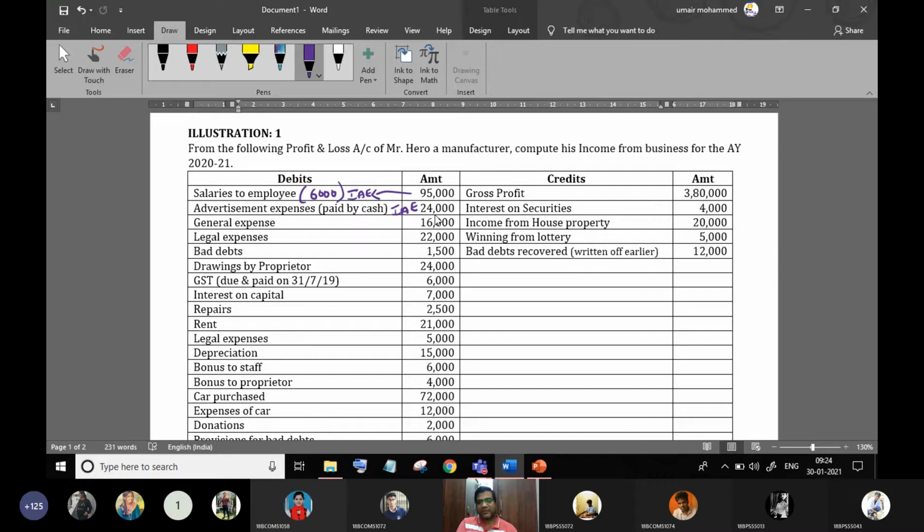So generally, all these small routine expenses are clubbed as one transaction, and in the P&L account, I'll pass it as general expense or sometimes sundry expense.